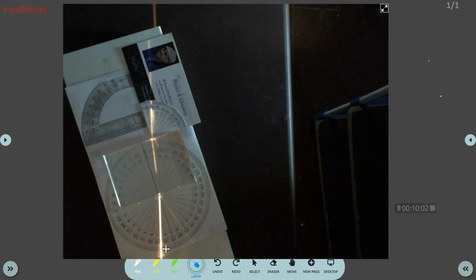Here also you see the incident ray, the refracted ray and the normal. The normal is this whole line through. So the incident ray, the refracted ray and the normal at the point of incidence all lie in the same plane.